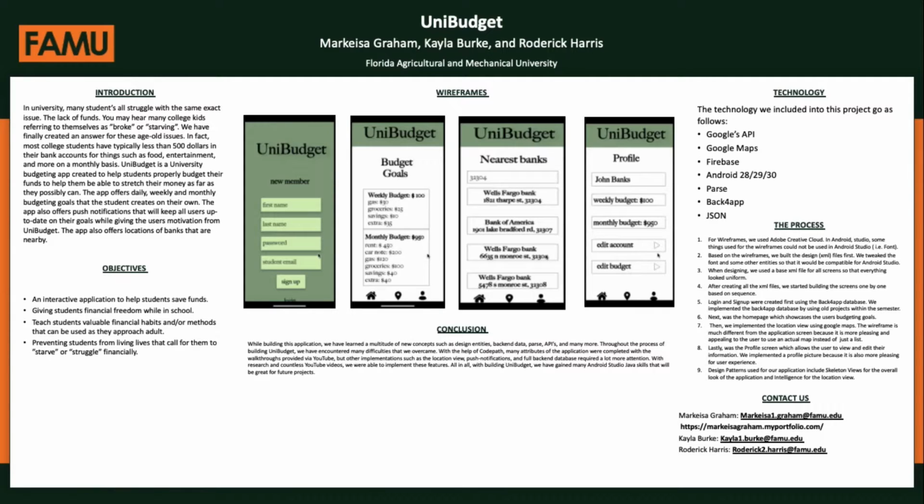The app offers daily, weekly, and monthly budgeting goals which the student creates on their own, and the app also offers push notifications while giving the user motivation from UniBudget. And then the app also offers locations of banks that are nearby.